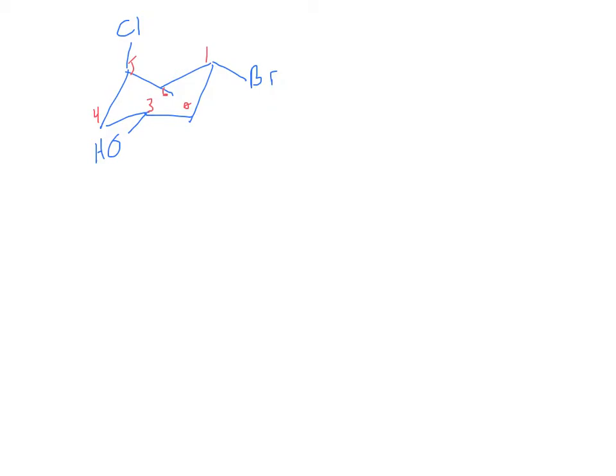For the ring flip, if you look at the chair, this is the head of the chair, and this is the footrest. What I'm going to do is take the head and pull it down, and take the feet and pull it up. That's the ring flip. All right.